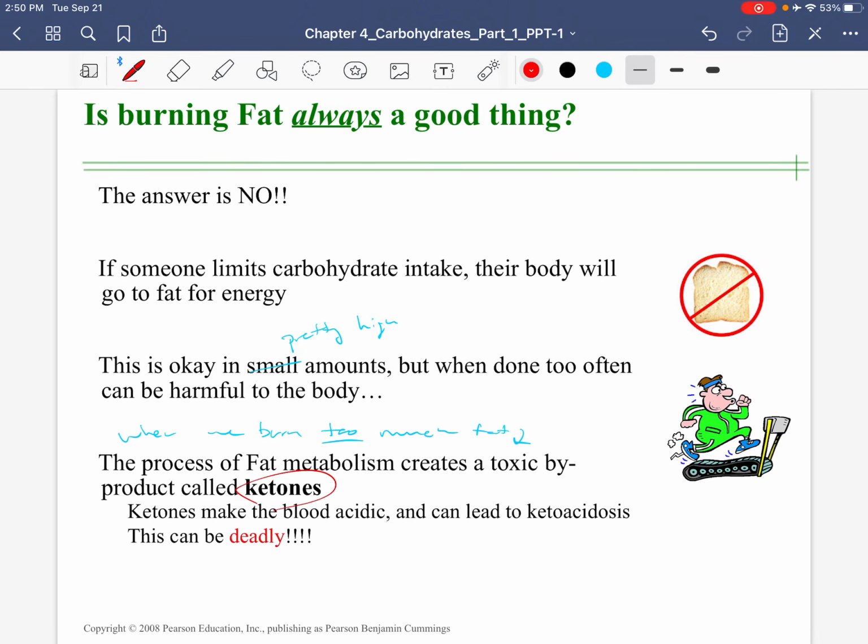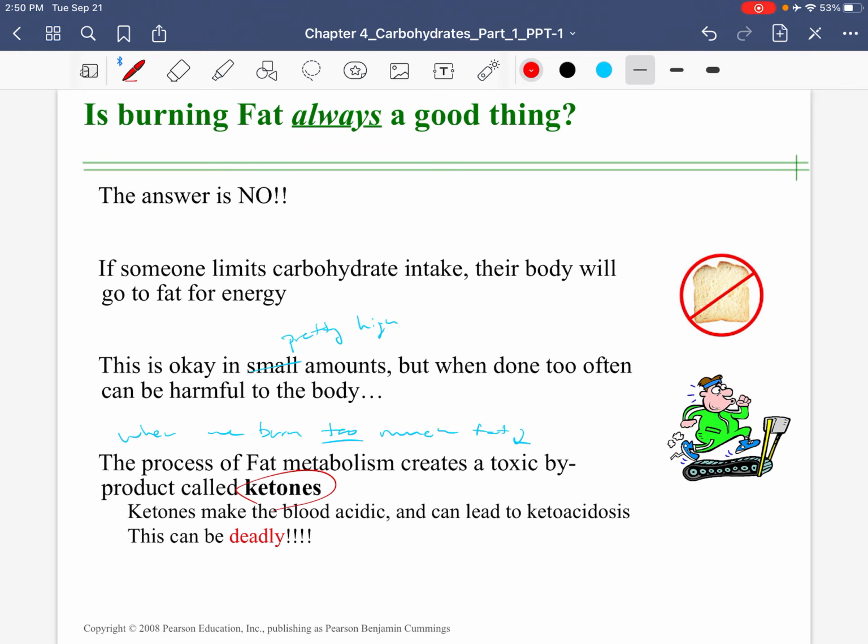Really important. Maybe you've heard of diabetic ketoacidosis. We're talking about those ketones. So again, it's normal to burn pretty high amounts of fat. We like to burn fat. And every time we burn fat, we produce these chemical byproducts called ketones. Not a big deal if we're only burning a so-so amount of fat. But what if we don't have enough carbs in our diet?